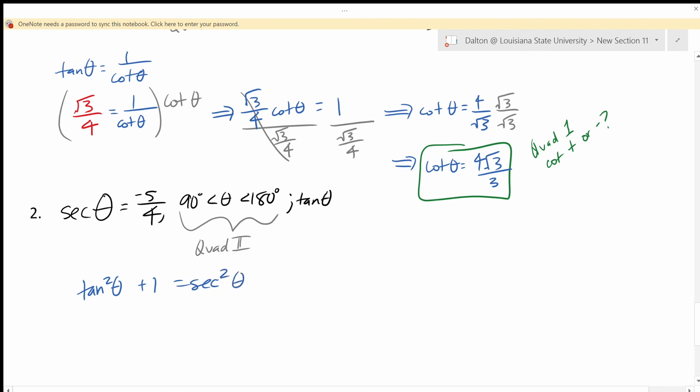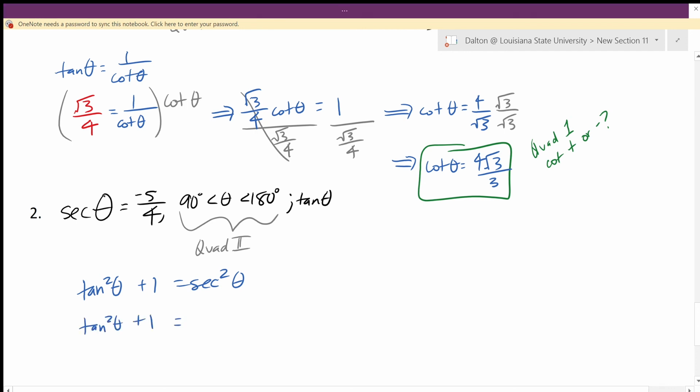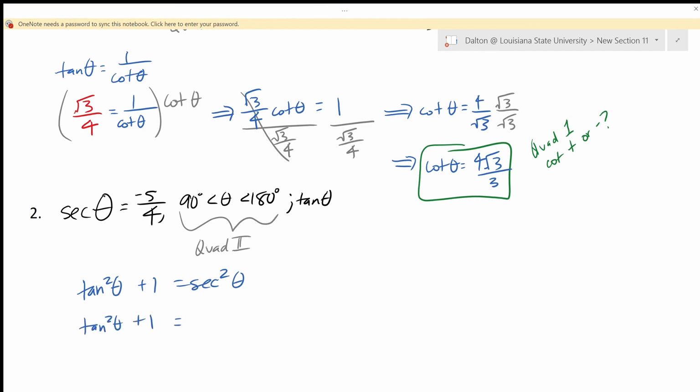Okay, so let's substitute in what we know. We don't know tangent, so we'll leave that alone. But we do know secant. We're given that the secant is negative 5/4. So I can plug in negative 5/4, but it's secant squared. So this would be negative 5/4 squared.